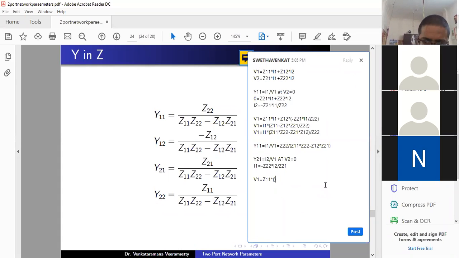What is the value of I1? I1 equals this I1, copy here and paste here, plus Z12 multiplied with I2. Right? Now from the above equation, take I2 common.